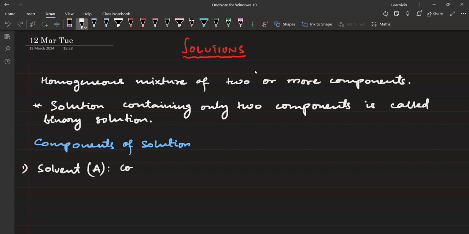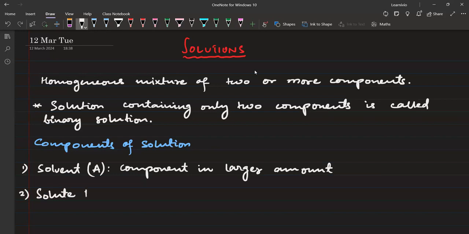Basic definition: component in larger amount. Then we have solute. What is solute? Solute is component in minor amount.